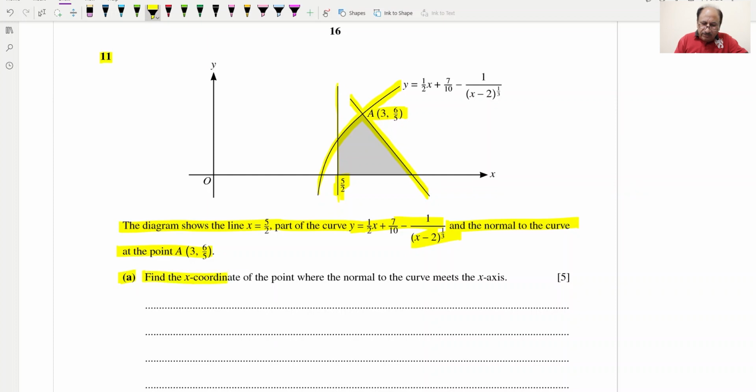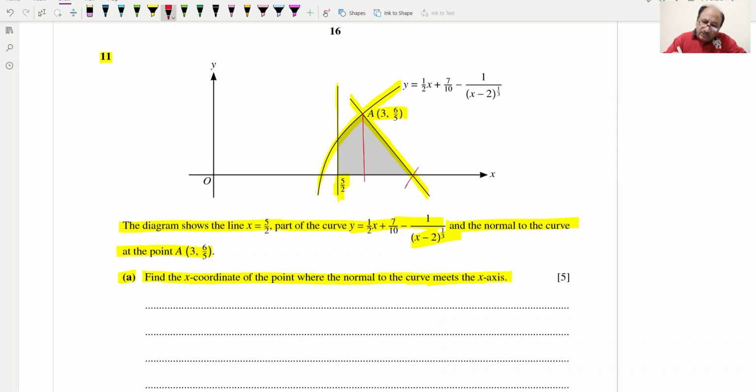A part: find the x coordinate of the point where the normal to the curve meets the x-axis. So we require the x coordinate. Sorry, we require this point, where the normal meets the x-axis.